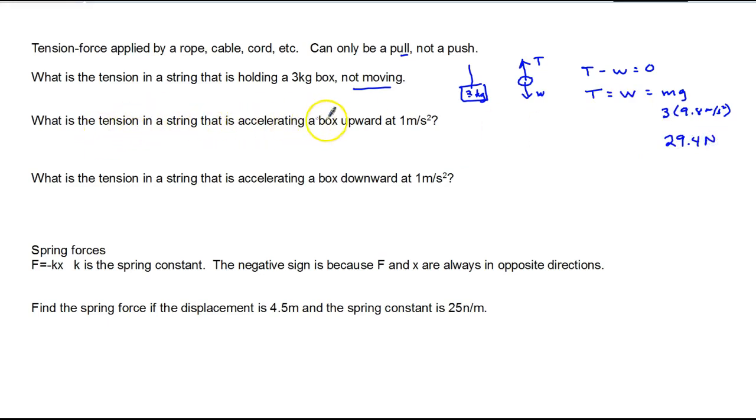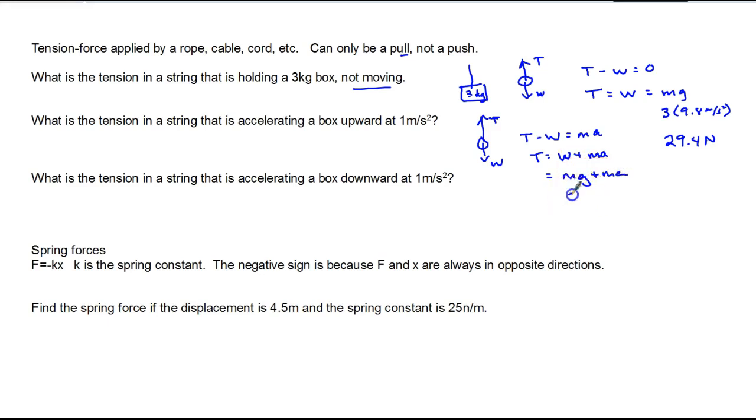What is the tension in a string that's accelerating a box upward? Okay, so now in the free body diagram, the tension is greater than the weight, and tension minus weight equals ma. Tension is equal to weight plus ma, which is mg plus ma.